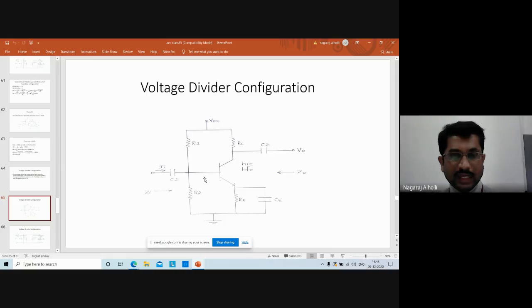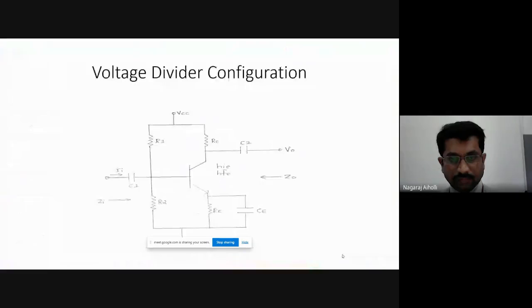Remember, RB is R1 parallel R2. This base resistance is the parallel combination of R1 and R2. Therefore, in the formulas of fixed bias configuration, if you replace RB by R1 parallel R2, that will give all the formulas for the common emitter voltage divider bias configuration.